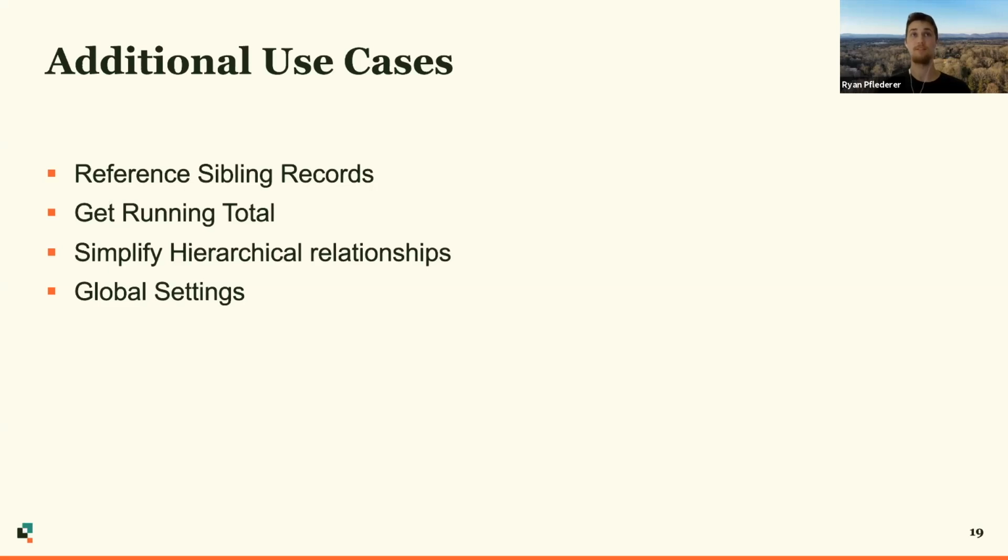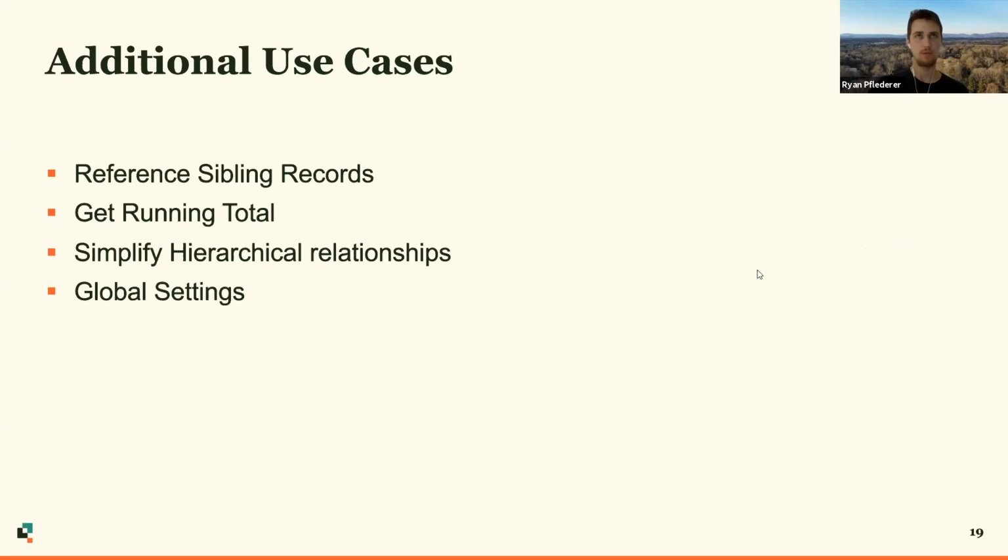Simplifying hierarchical relationships, going back to that looped relationship where you're relating a table back to itself, or global settings. I know I've run into a lot of use cases where I need to reference a set of data that's specific to the current year, and that can change year over year. Different things like that, where formula queries will come in and be super beneficial.